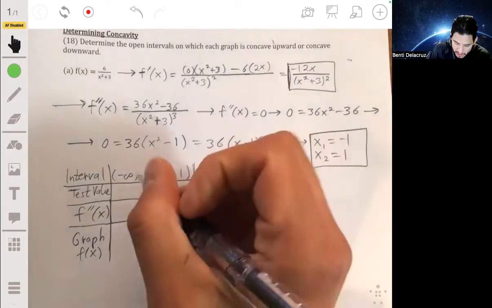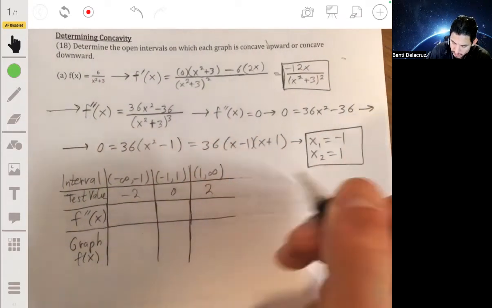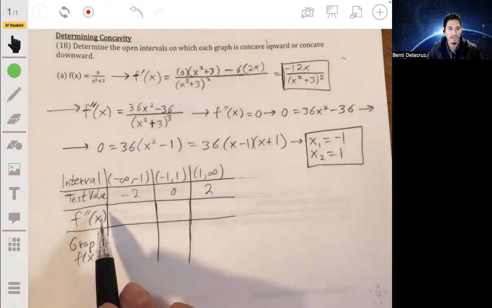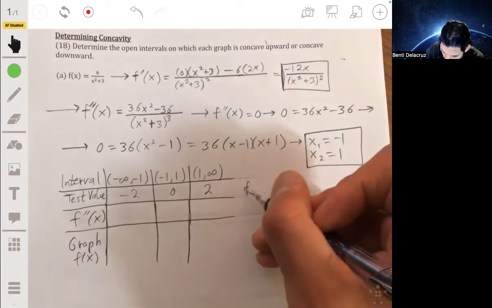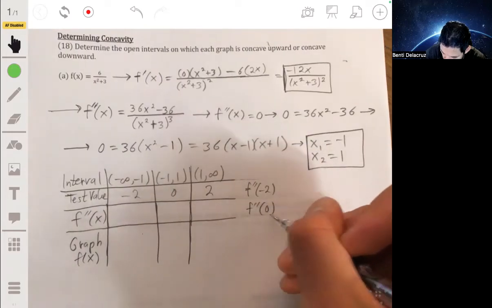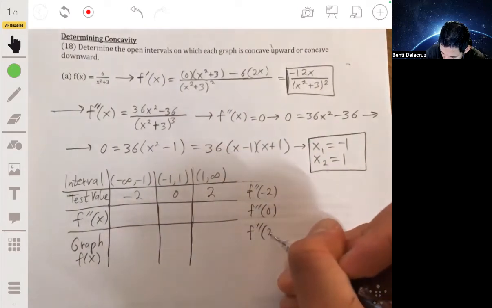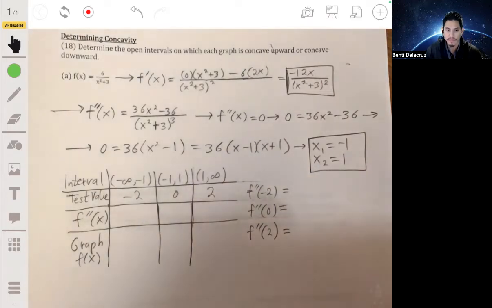All right, so let's pick some easy values: -2, 0, and 2. We're going to evaluate the second derivative at -2, 0, and 2. So f double prime of -2, f double prime of 0, and f double prime of 2. And we really only care about the signs.